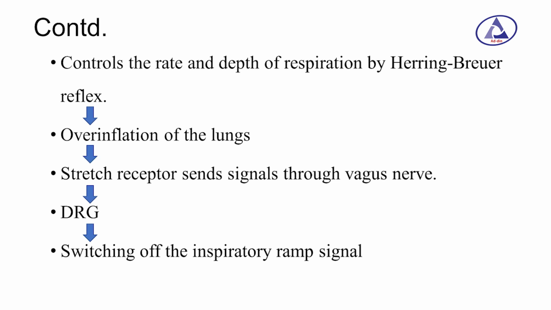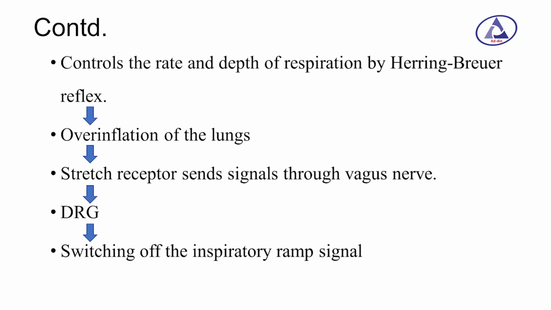In each and every breath, how much air do we take in and give out? Normal breathing: tidal volume. It controls the rate and depth of respiration by the Hering-Breuer reflex. Next, what happens? Overinflation of the lungs. Overinflation means whenever the lungs are expanded beyond their capacity.